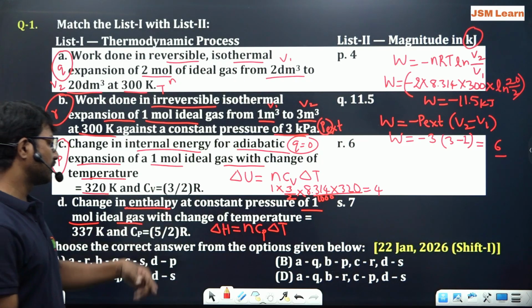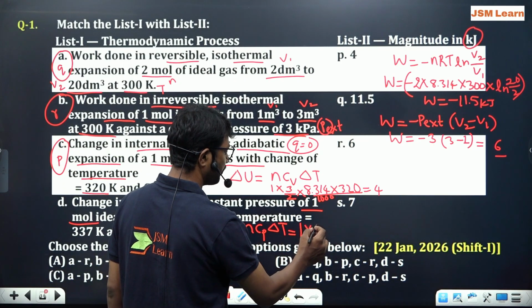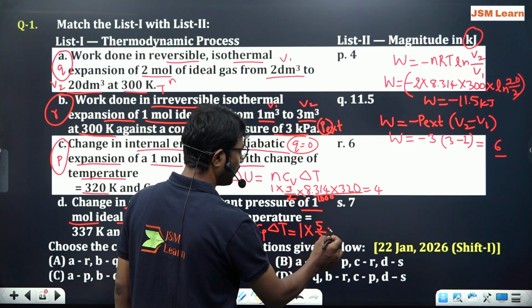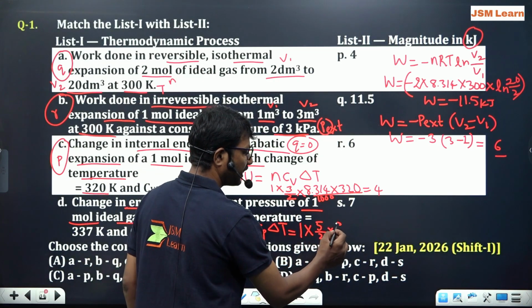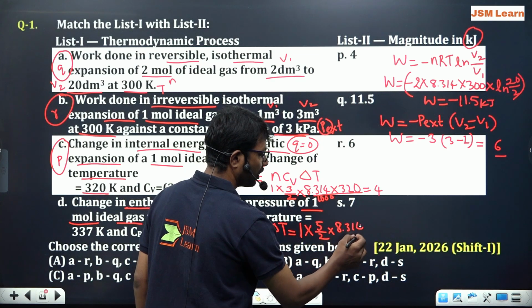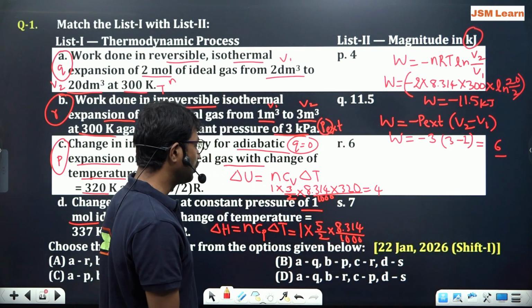Number of moles is given as 1. So on substituting all the values, 1 multiplied by 5 by 2, R expression I am writing in joules, R value is 8.314 upon 1000, dividing to convert into kilojoules.